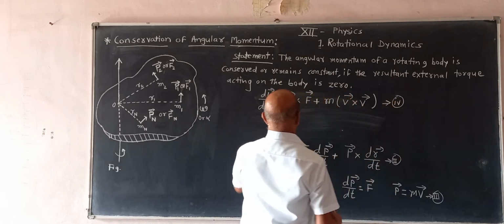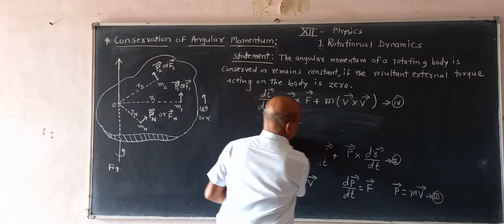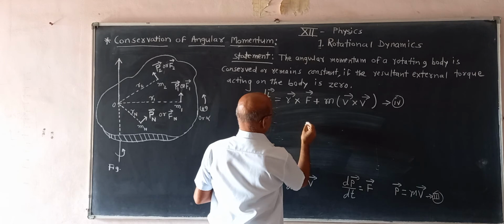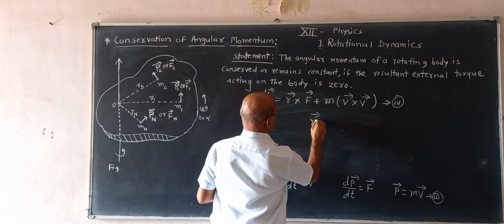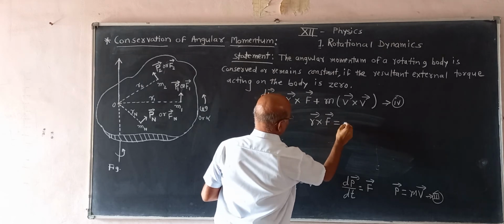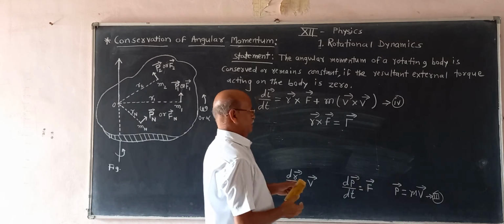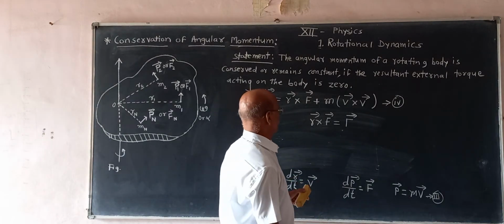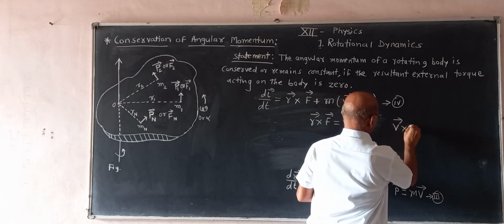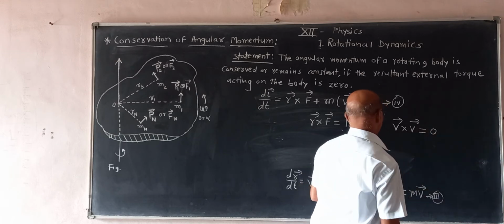But vector r cross vector F is the torque acting on the body. Vector r cross vector F is nothing but the torque, denoted by the letter vector tau, and vector v cross vector v equal to 0.